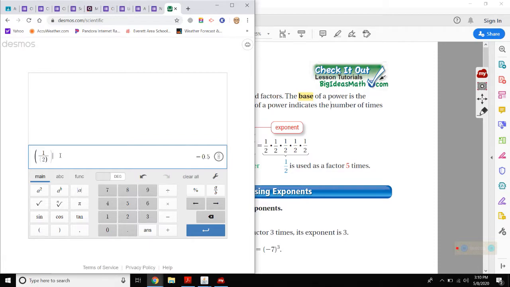I'm going to make sure I click outside of the parentheses though to do my exponent. And then instead of to the 2nd power, I'm going to delete that and put to the 5th power. So you can see that my answer ends up being 0.03125 if I was going to solve that exponent.